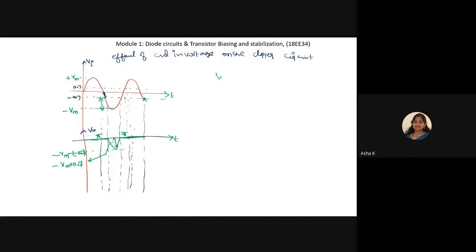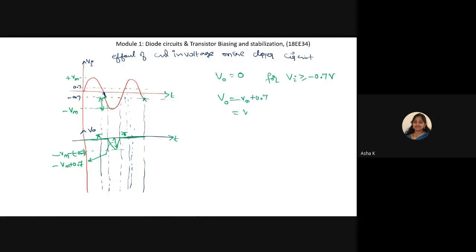And the output voltage is equal to 0 for the input voltage greater than or equal to minus 0.7 volts. See, anything above minus 0.7, like minus 0.6, minus 0.5, till plus Vm, all those are 0. And V output is equal to minus Vm plus 0.7.